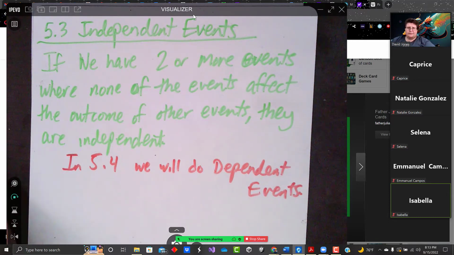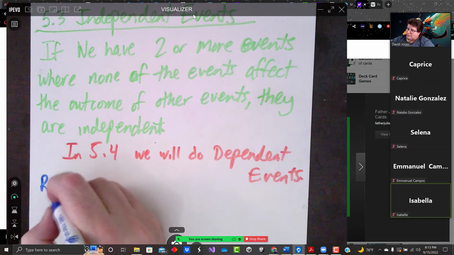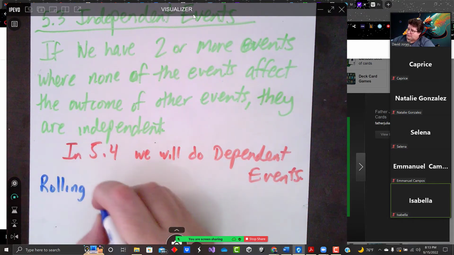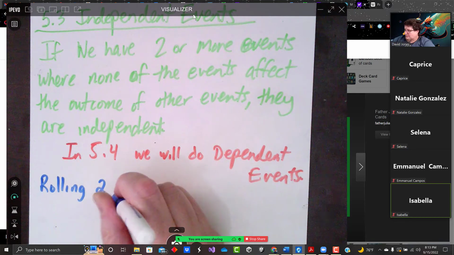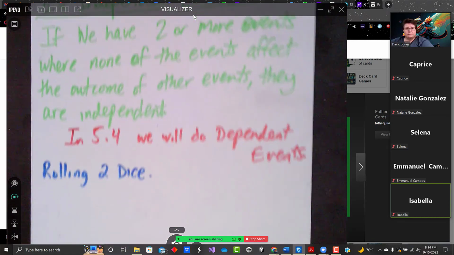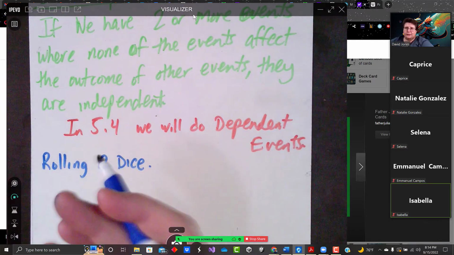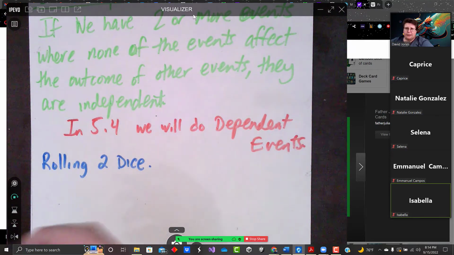An example of this is rolling 2 dice. Ignoring that the dice, when you roll them, might hit each other. It might be affecting what happens, but it doesn't affect the probability.